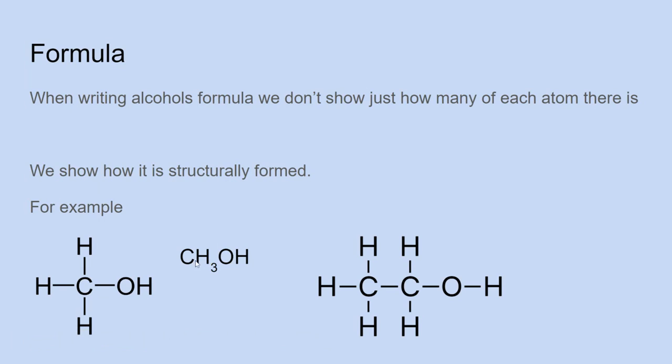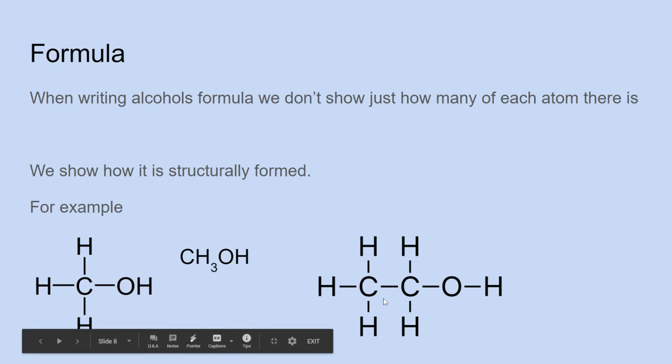That's showing you that you've got 3 hydrogens coming off a carbon and then an OH. For ethanol, we start from the left, we've got CH3, CH2, OH. So it should look like this.